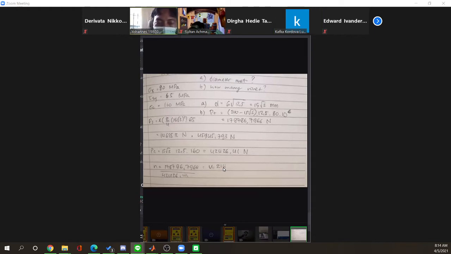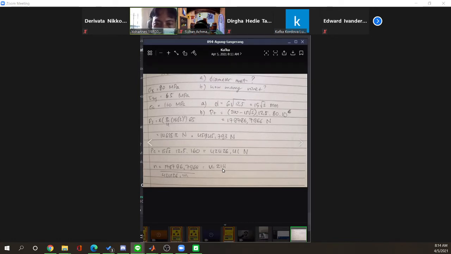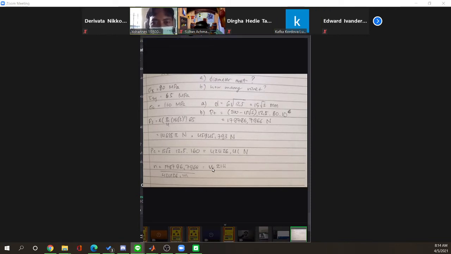Okay, so how many rivets should be used for your joint, Kafka? 4.2, sir. So how do you make 4.2 for the rivet? It should be an integer. So 4 or 5, which one should be used?